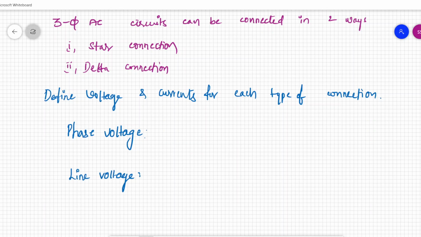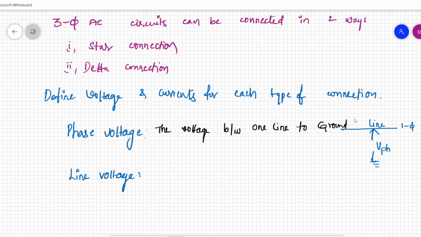Okay, so what is a phase voltage? For AC circuits there was only one line and we are taking the reference of ground. So the voltage between this single phase line and ground is V phase. Phase voltage is nothing but the voltage between one line to ground or neutral.